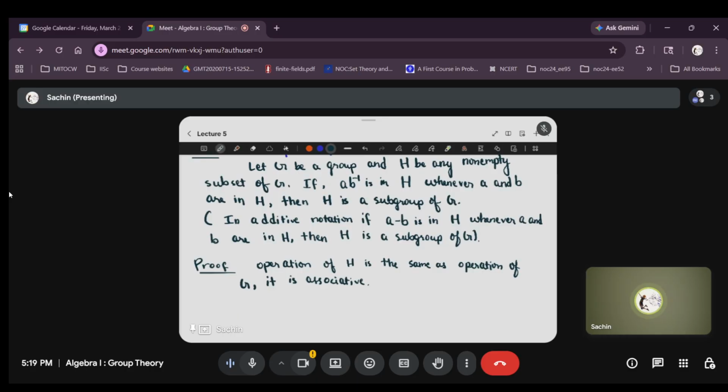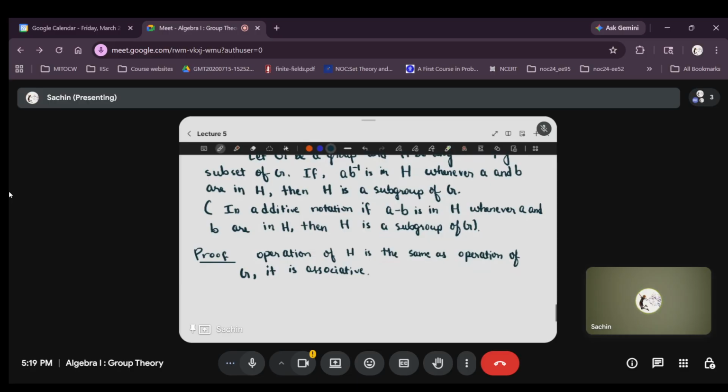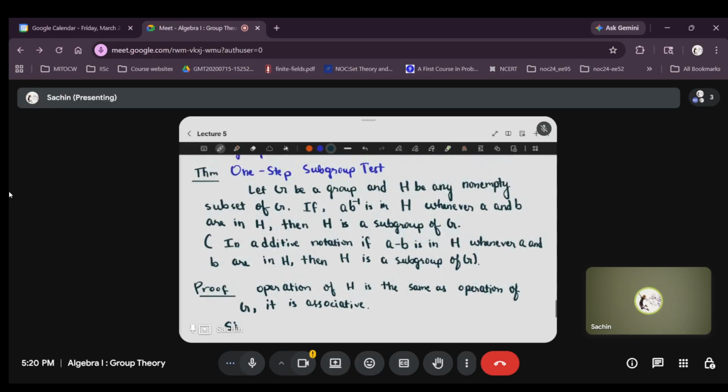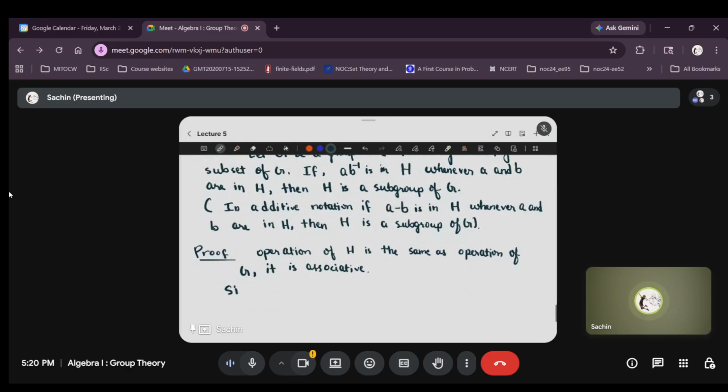How does AB inverse in H for all A and B in H mean E is in H? Yeah. And since in the hypothesis we have assumed H is a non-empty subset of G, there is some element in H. Yes, H is non-empty.